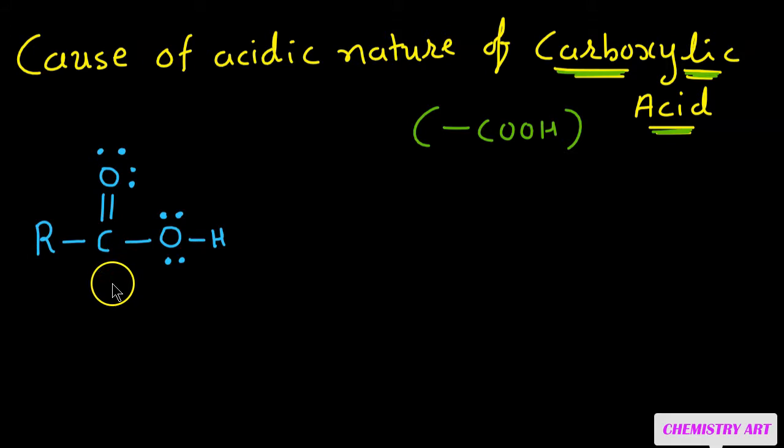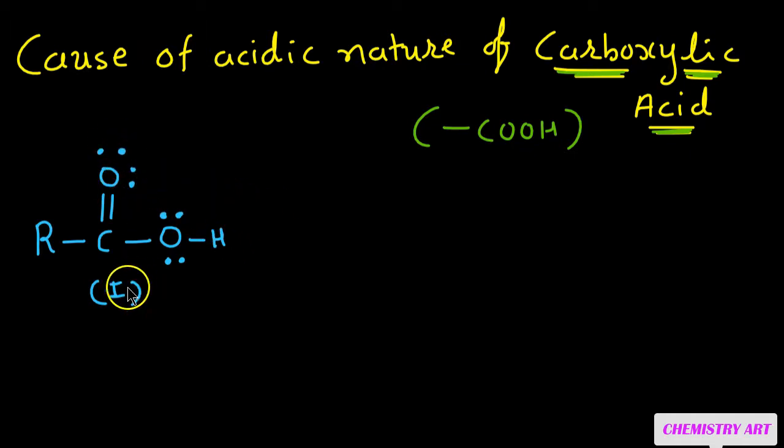If I consider this as structure number 1 of the resonance hybrid, now you should know what resonance is. Resonance means the compound's structure will change due to the change of the electrons. Here the compound's total structure is not changed, but only the position of the bonds, meaning the pi bonds, or the number of electrons present at a particular atom, will change.